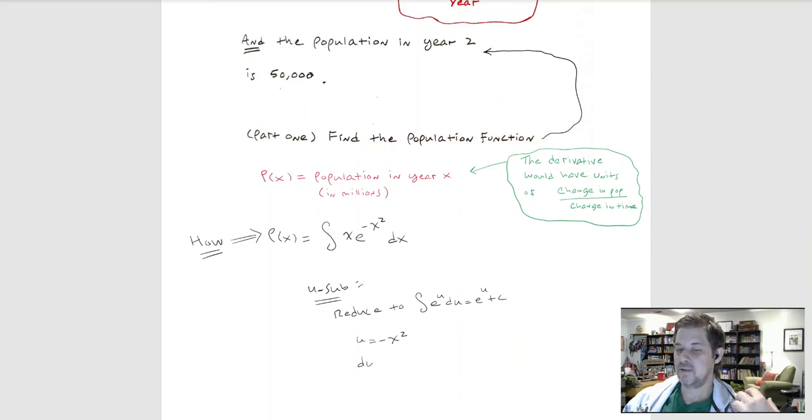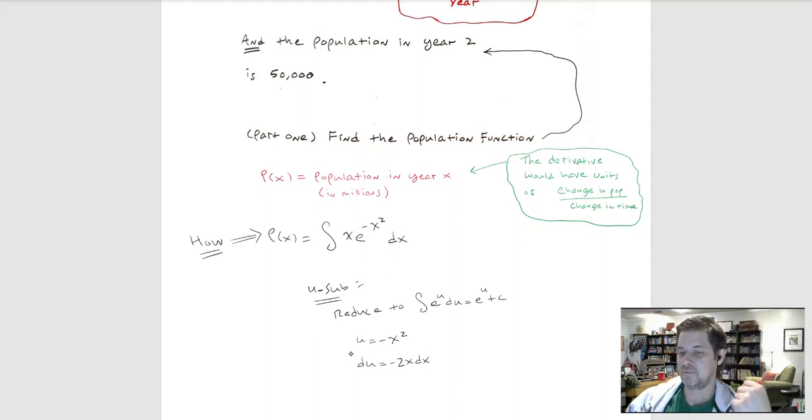The way I incorporate that substitution is I take the derivative of both sides of my original substitution. The derivative of u is 1, but it's with respect to the variable u, so we say 1 du. And the derivative of negative x squared is negative 2x dx. Now, notice that I have x dx, but I don't have negative 2x dx.